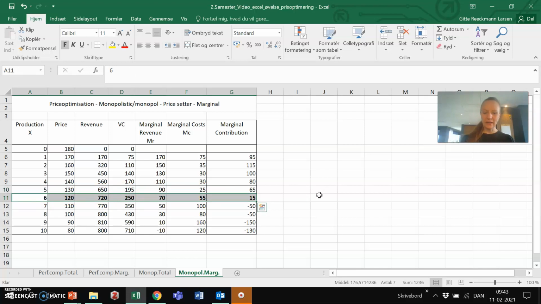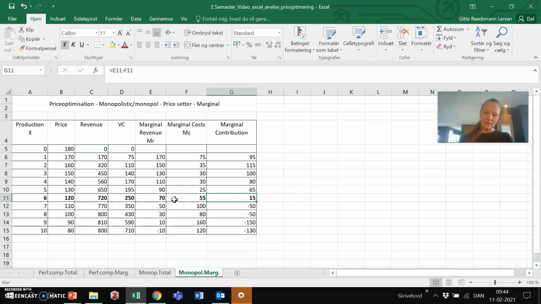So if you have a case and you are not told which method to use, then you have freedom of choice to choose the method you prefer. So here again, we are not going for the highest marginal contribution. We are going for, as long as it is positive, we should continue, because here we contribute positively to the contribution.